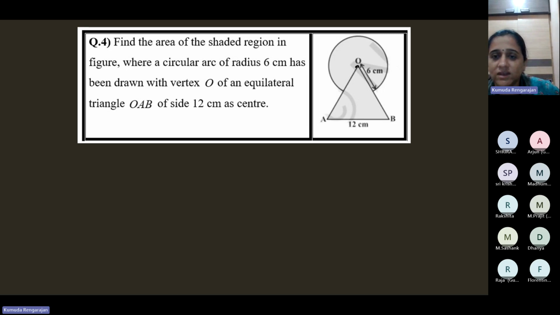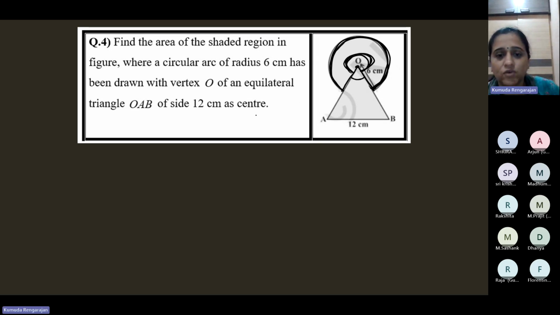This is the center, radius, radius, and this is the arc. The major sector angle goes in the same direction as the arc. This one is the major arc, and this angle is the major sector angle. Since this is 60 degrees, this one will be 360 minus 60, 300 degrees.